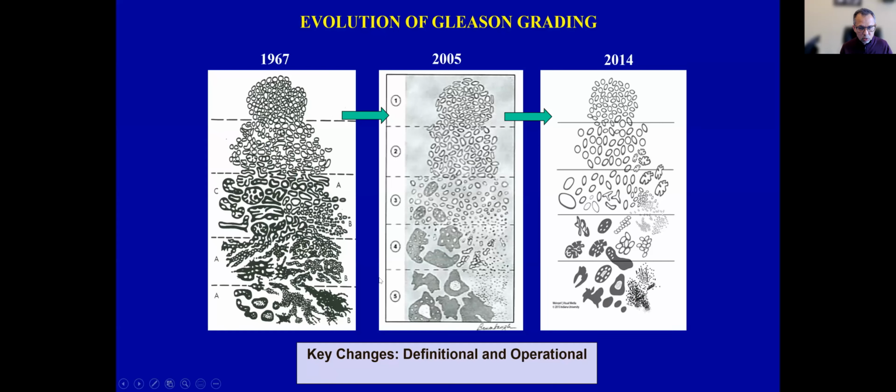All these fundamental differences have triggered modifications of the original Gleason system developed by Dr. Gleason. There are 2 major modifications. The most significant modification was introduced in 2005, and then other significant modifications were issued in 2014. The resulting modified Gleason grading system has also been referred to as the ISUP, or International Society of Urologic Pathologists, Modified Gleason Grading System.